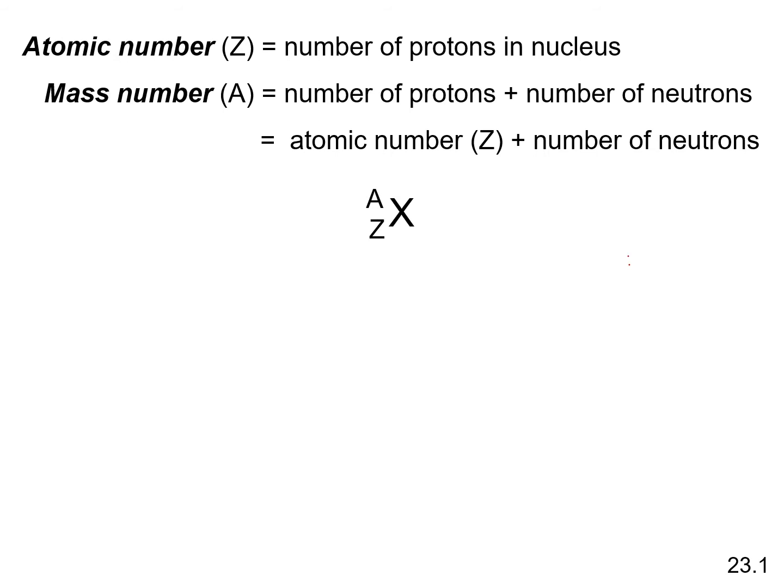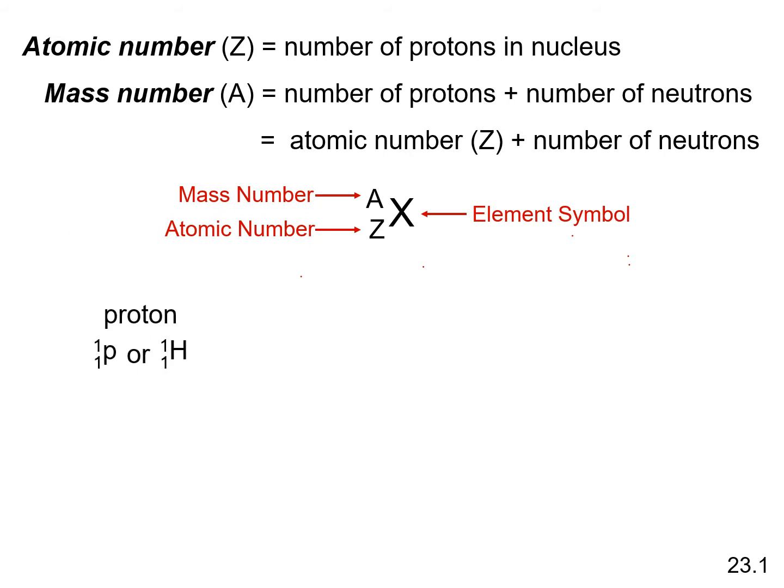So we have this symbol of the element. The mass number, A, is written in the upper left side, and then the atomic number, Z, is lower left, and X is the symbol of the element.